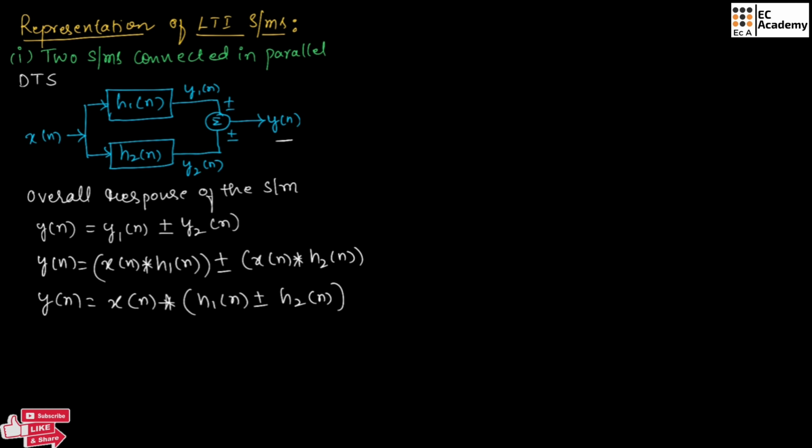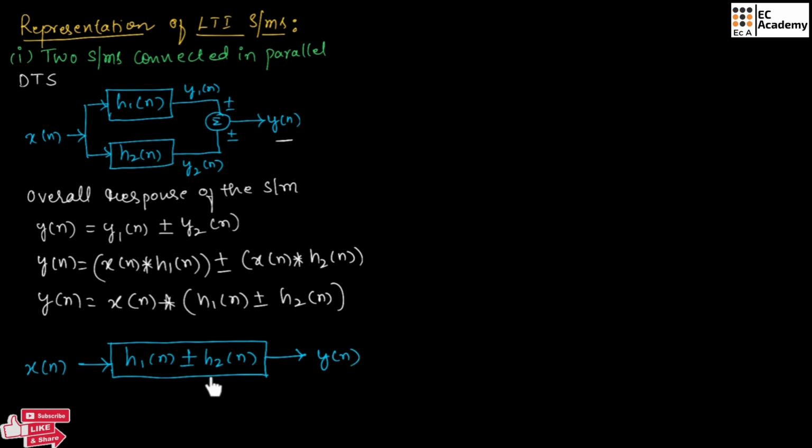Using the above equation we can write the system as h1 of n plus or minus h2 of n, with input x of n and output y of n.